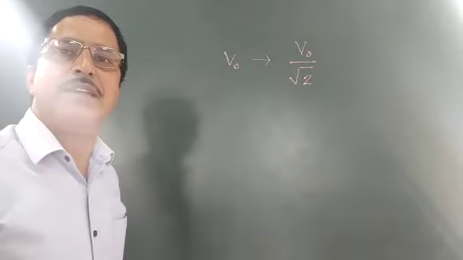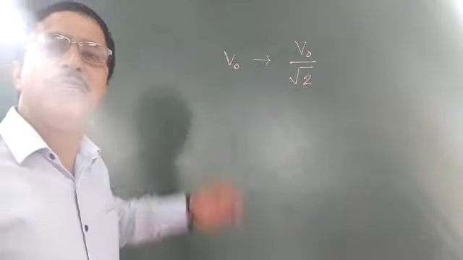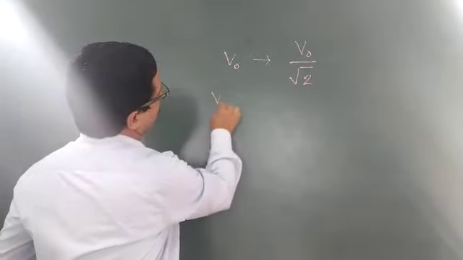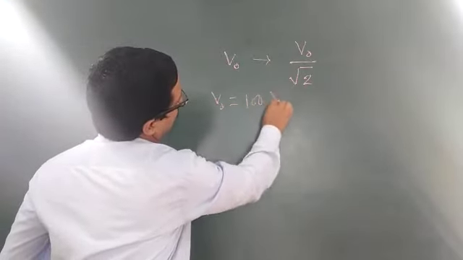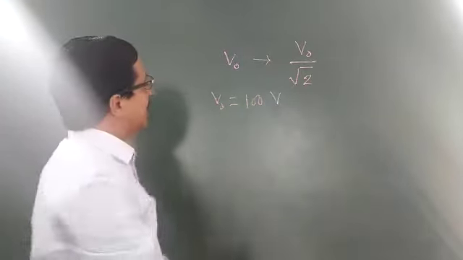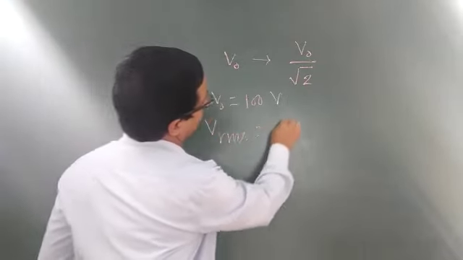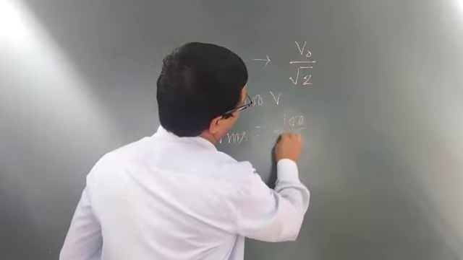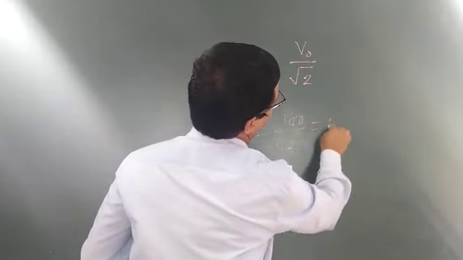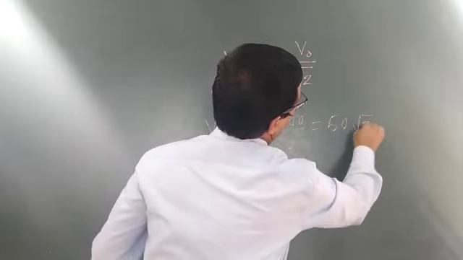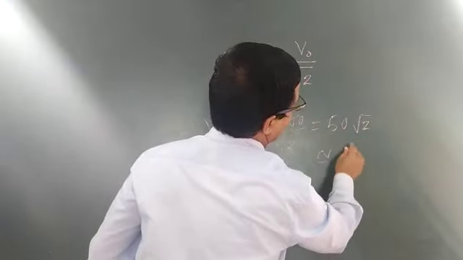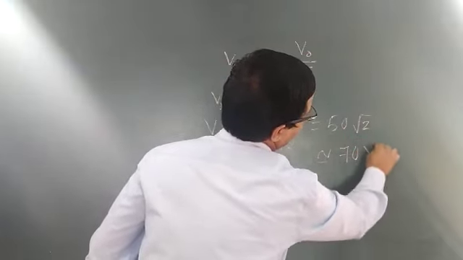For example, if I take an alternating voltage which has peak value V0 equal to 100 volt, then its effect in that circuit will be V RMS equal to 100 upon square root of 2, which is equal to 50 into root 2, which is approximately 70 volt.